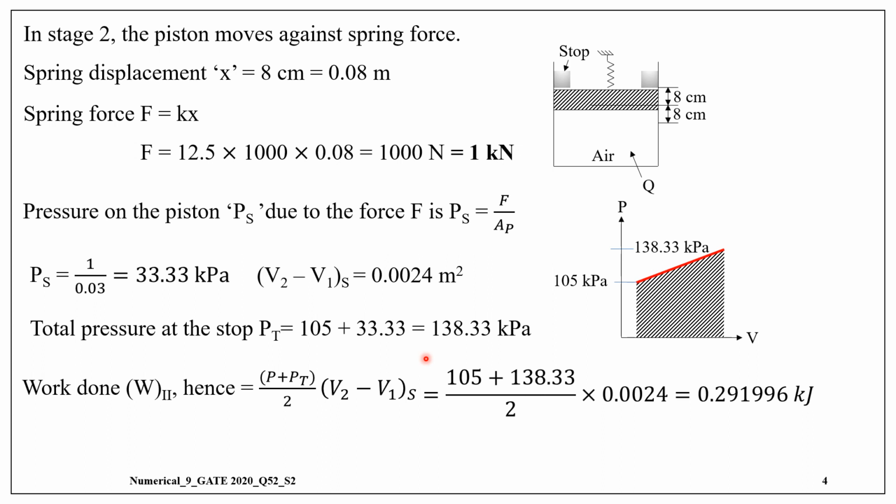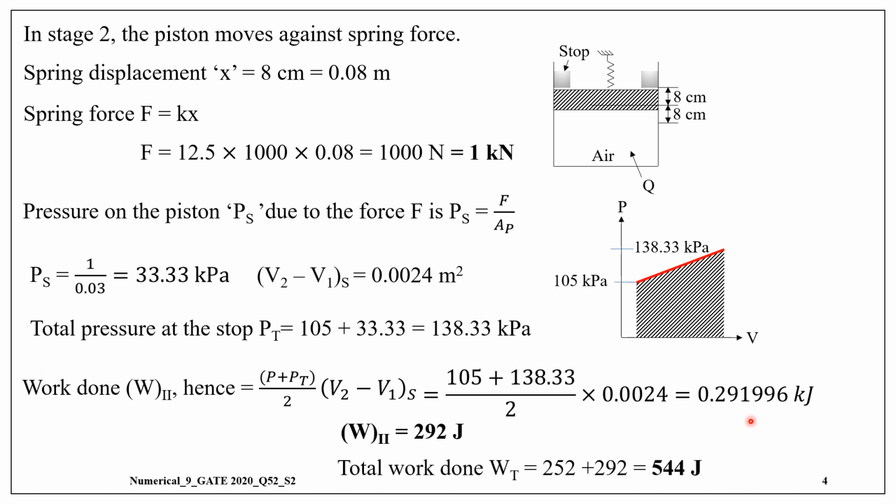Upon substitution, we get work done during step 2 or stage 2 is equal to 0.291 kilojoules, that is equal to 292 joules. Now, the total work done WT is equal to 252 plus 292 is equal to 544 joules. 544 joules is the final answer for this problem.